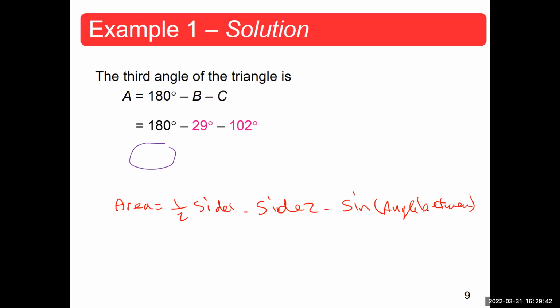You can pick any two sides, multiply them, and multiply them by the sine of the angle between them. That's slightly easier than the other one.